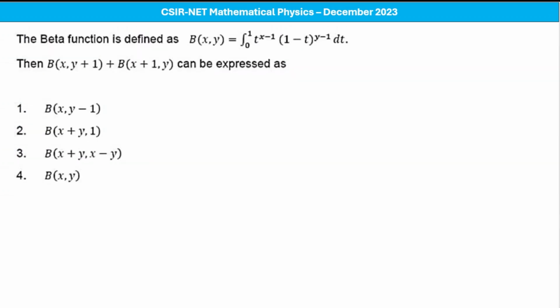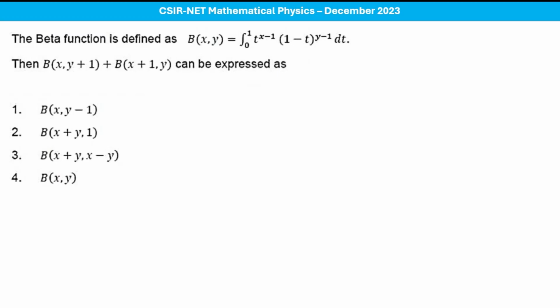Next question. The beta function is defined as B(x, y) in this form, and then B(x, y plus 1) plus B(x plus 1, y) can be expressed as? The beta function is given as B(x, y) equal to integral from 0 to 1 of t raised to x minus 1 times (1 minus t) raised to power y minus 1 dt.